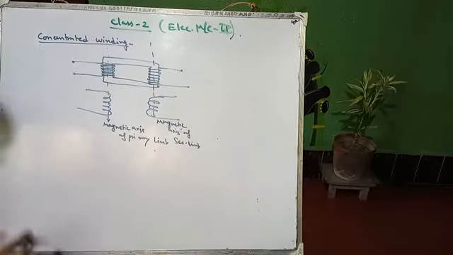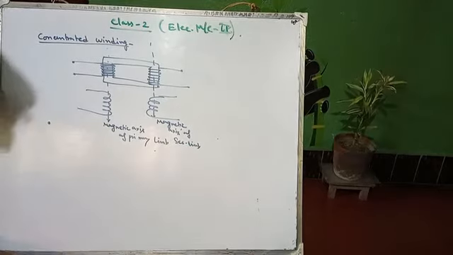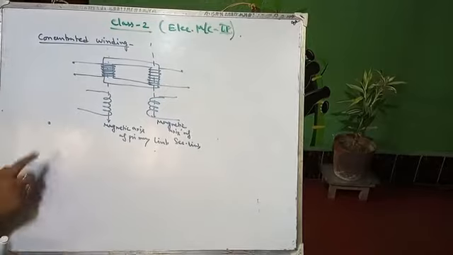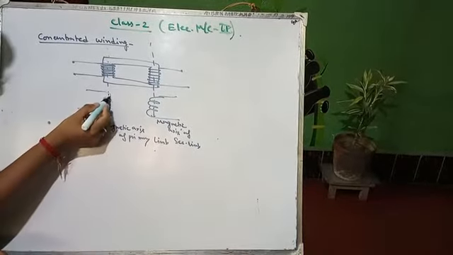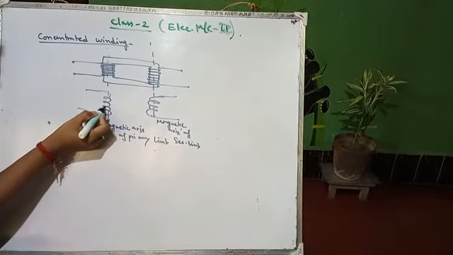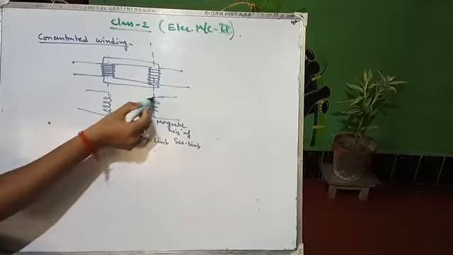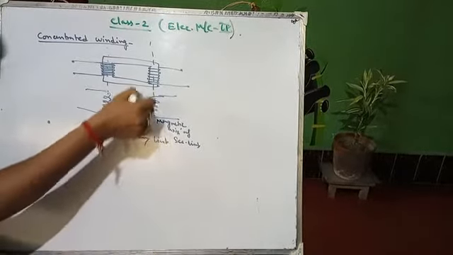Okay, so write some points. First point, all the winding turns are wound together. Suppose this is the first turn, second turn, third turn, and there are a number of turns. Here 3 turns are given in this example.